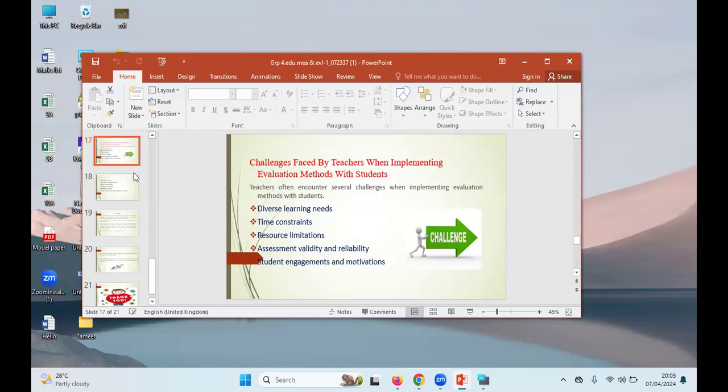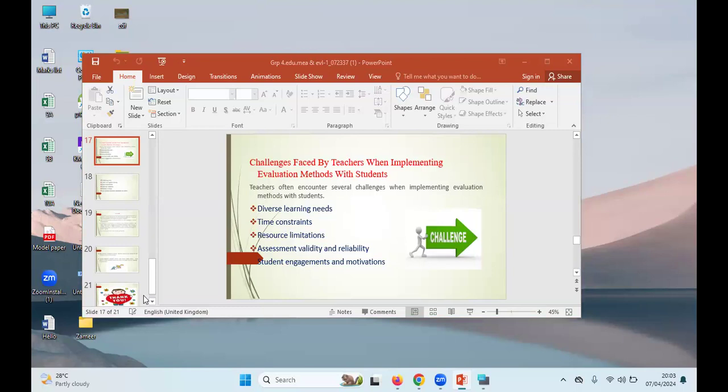Next one is time constraints. Time constraint means time limitation. Teachers may have limited time to create and implement the evaluation methods. The other one, resource limitation. Resource limitation means technology use, that means using new technology materials, technology equipment, and ideas.